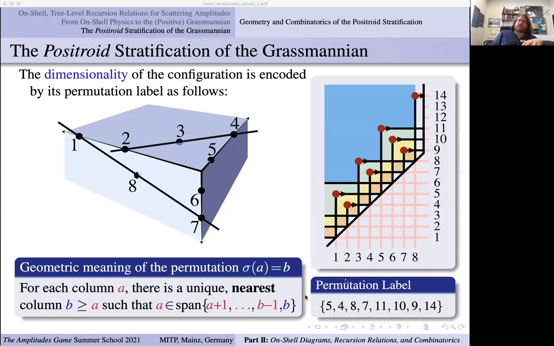Now, thinking about this geometrically actually gives us a lot more information and in a lot more transparent kind of way. For example, you can think about what is the dimension, how many degrees of freedom do you need to specify this configuration? Well, for example, if 1 is inside this plane, then it requires a rank 3 space, 2, 4, and 5, or 2, 3, this is a 3-dimensional space.